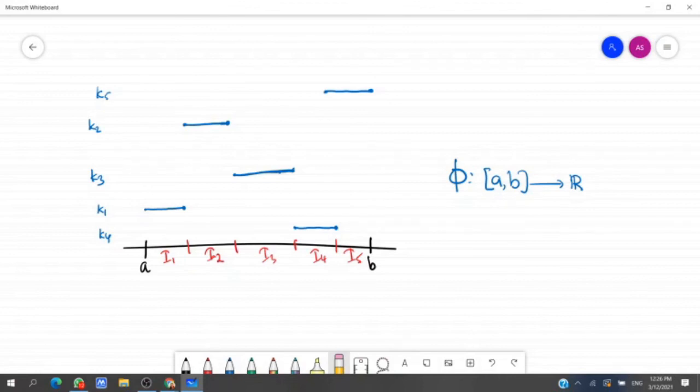Therefore, these restrictions are all Riemann integrable on the respective subintervals, and then by the additivity property of Riemann integration, the step function phi is Riemann integrable on the closed interval [a, b], and the Riemann integral of phi on [a, b] is the sum of the integrals over these respective subintervals: integral over I1 plus integral over I2 plus ... plus integral over In.